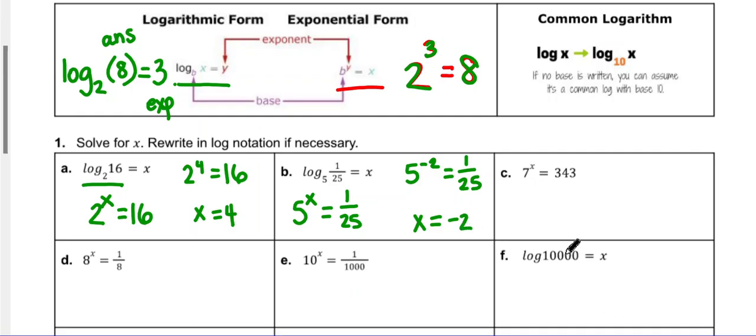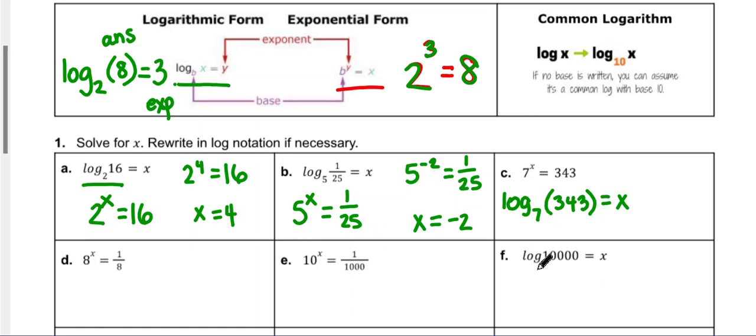In C, we're starting with an exponential expression instead of a logarithmic one. So we're going to rewrite this in logarithmic notation. The question it's asking is 7 to what power equals 343. So that means that this is going to be log base 7 of 343. And we're wondering, what exponent is that?